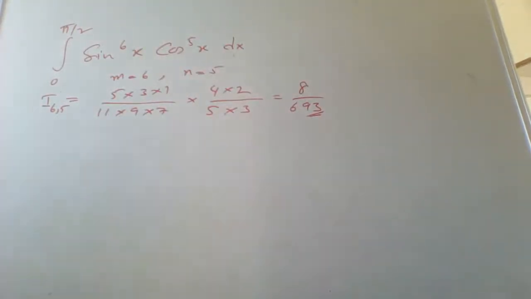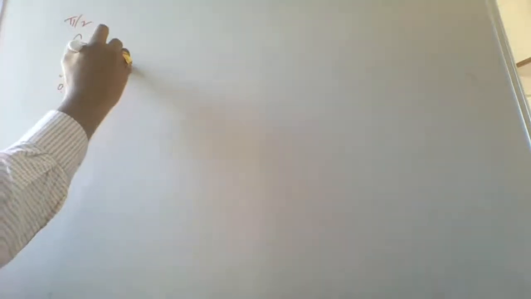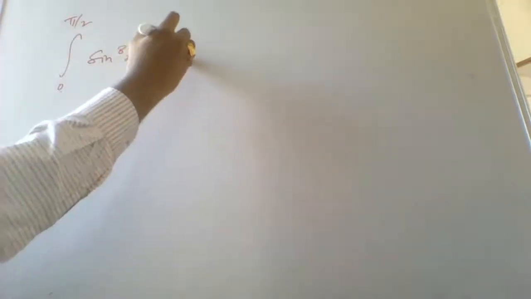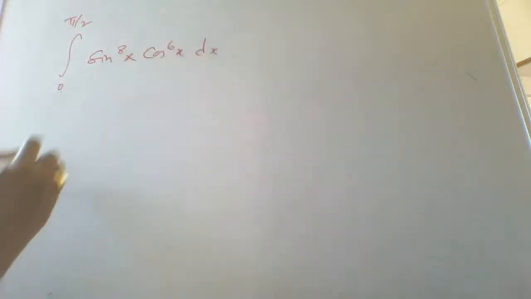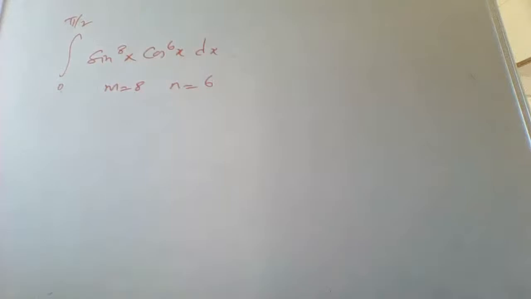So let us see one more example here. If I have the integral from 0 to pi by 2 of sine power 8x and cos power 6x dx, so m is 8 and n is 6. So both are even.